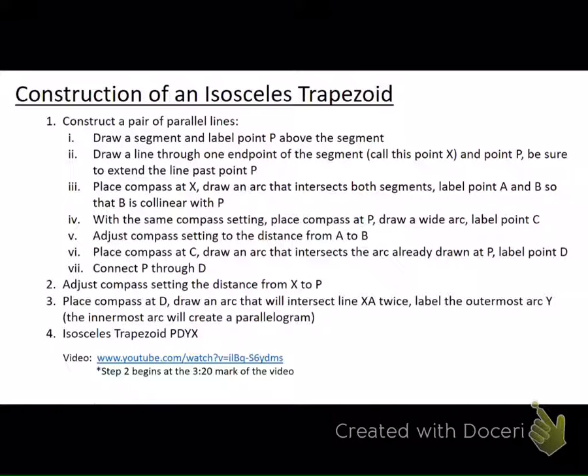It's going to start out pretty similar. So draw a line through one endpoint of the segment and call it X, and through P, and make sure to extend that line.